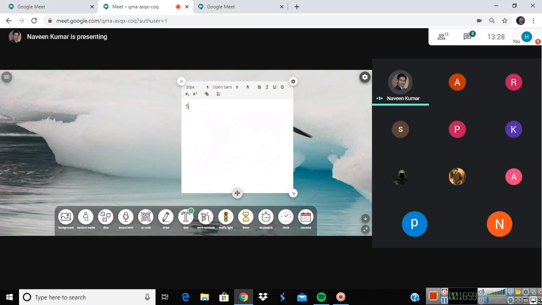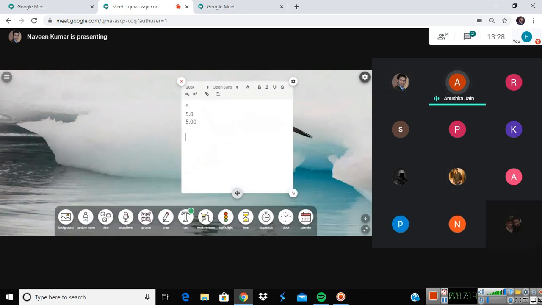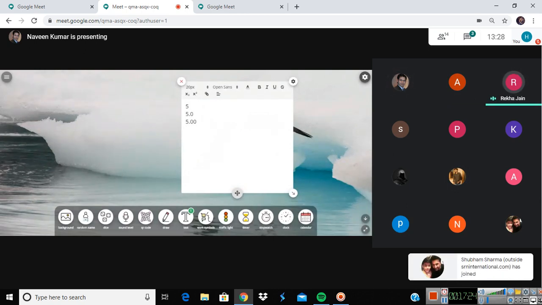We have 3 numbers. Now, what is the difference between them? Which one is more accurate? Some say the last one, some say the first, some say the second.